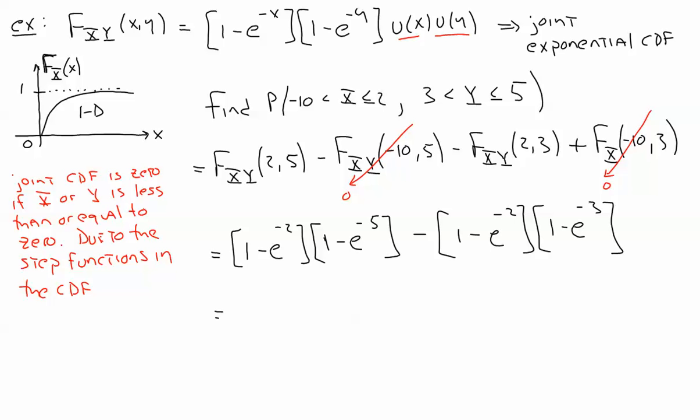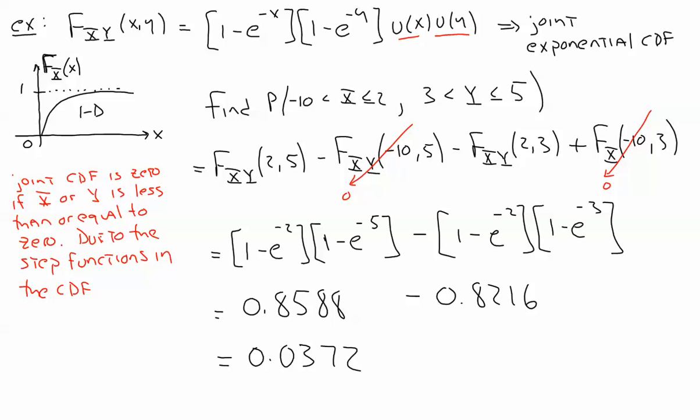This is 0.8588 minus 0.8216, and that's 0.0372. Okay? 3.72%. Hang on to that. We're going to come back and calculate that same probability by looking at the joint PDF in just a few minutes. Okay? All right?